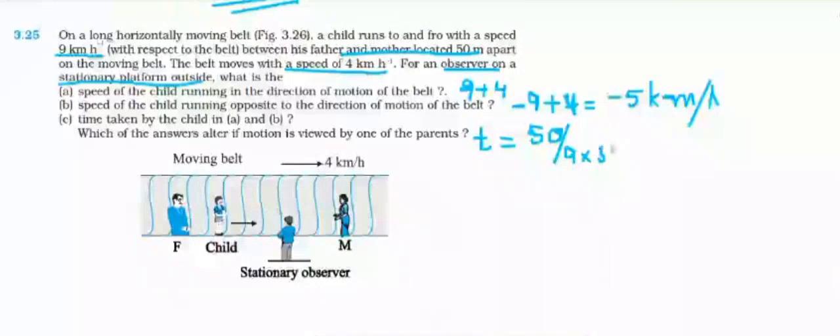We need to calculate; 5 by 18 will be the time taken by the child, because the child is running this particular distance with this particular speed. There the speed of the belt is not a factor.